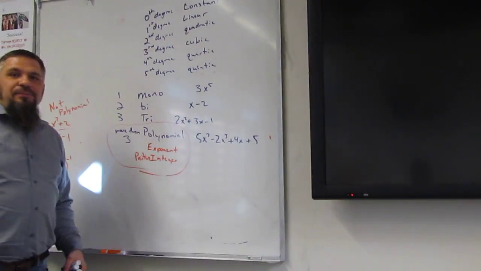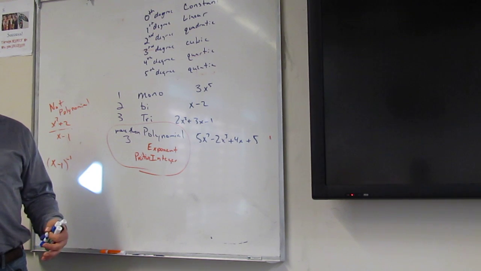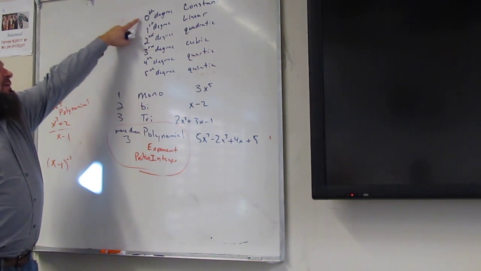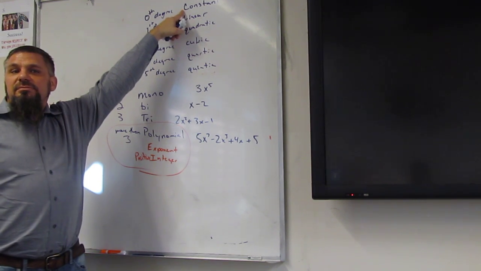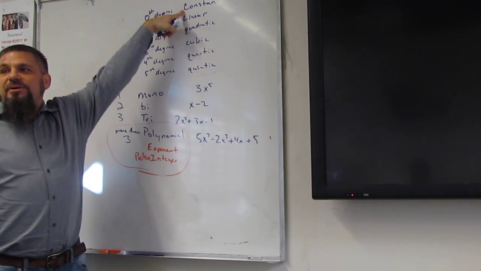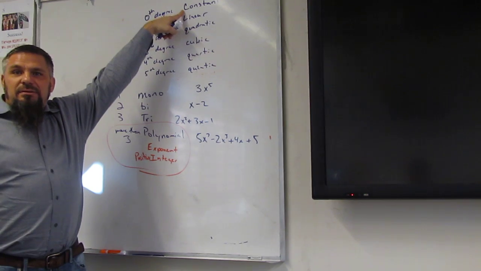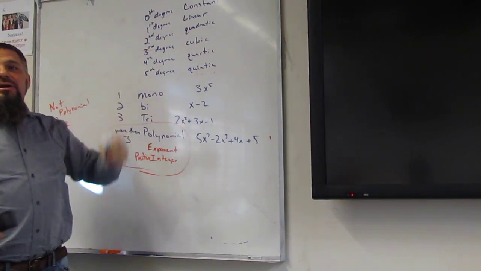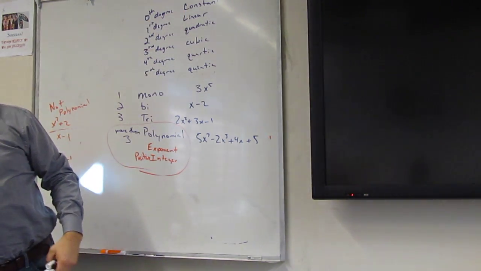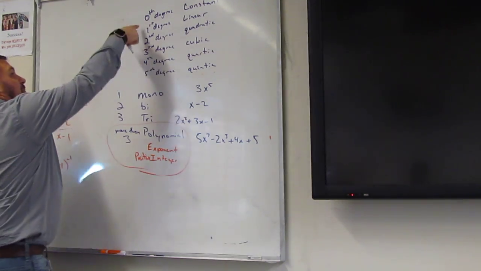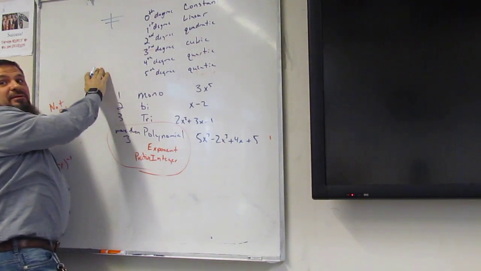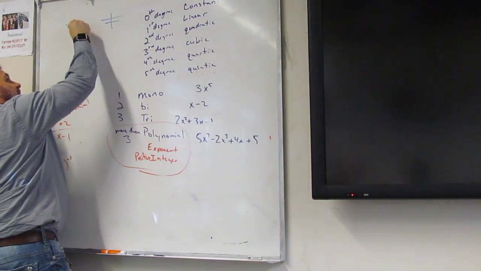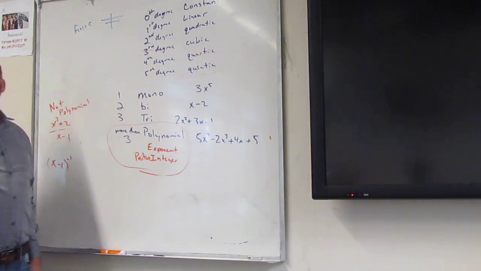What you should have in your notes is that a 0 degree is really called a constant. You remember that from the first test, right? We never called it a 0th degree, but we called it a constant when it didn't have an x. An example of this would be f of x equals c, or a number.